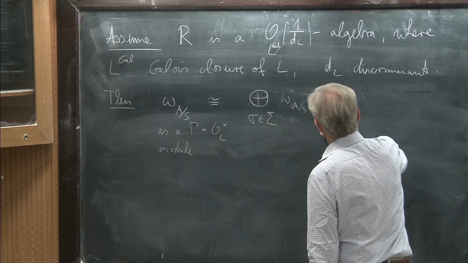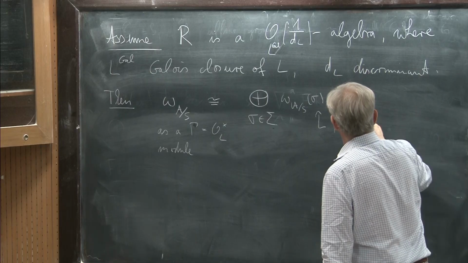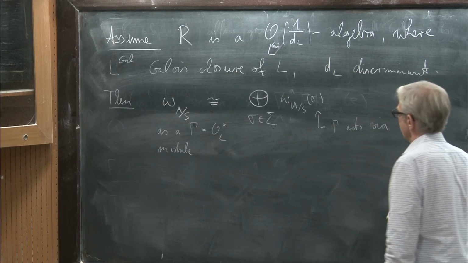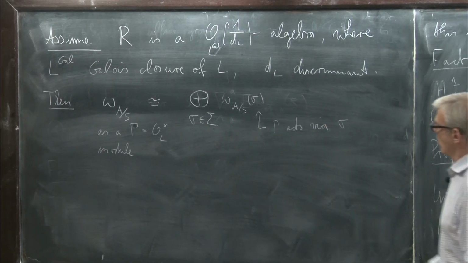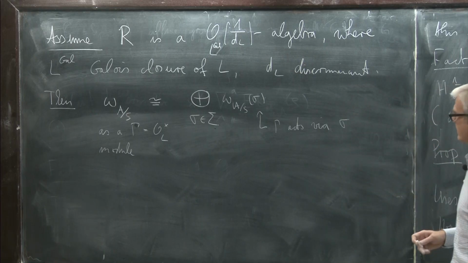And that's the part where gamma acts via sigma, this embedding. So this is a sigma eigenspace.